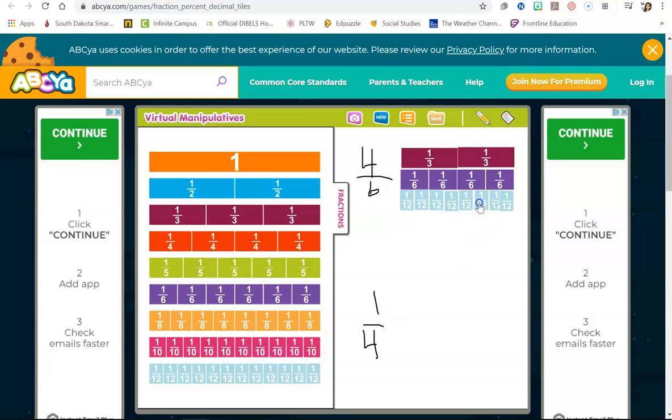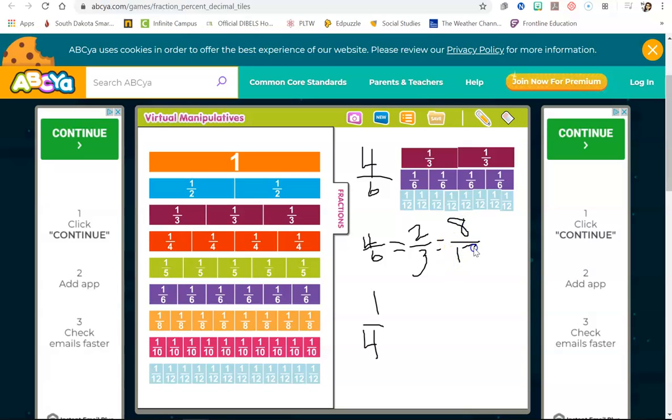And if I scoot this one over, because there's kind of a space there, then this one will line up. So I could say 4/6 is equal to 2/3, and it's also equal to 1, 2, 3, 4, 5, 6, 7, 8, 8/12.